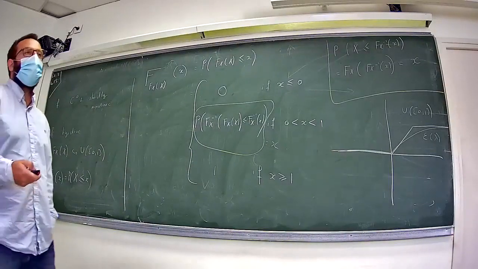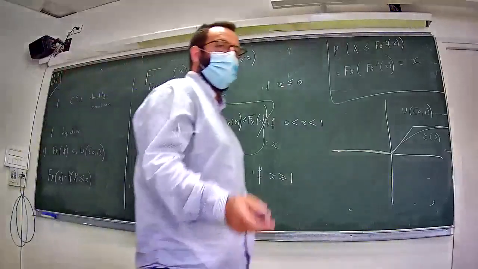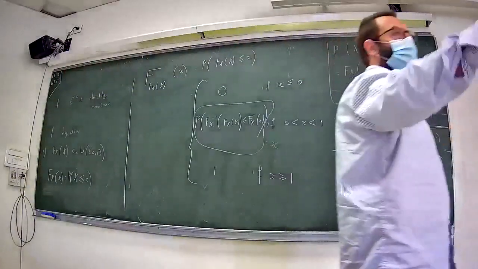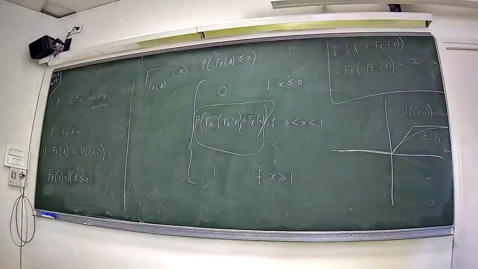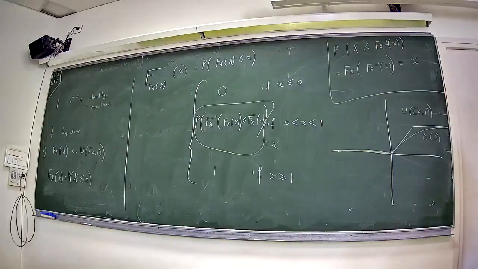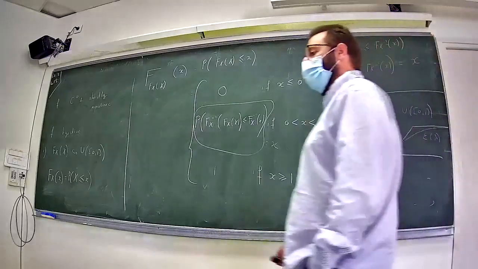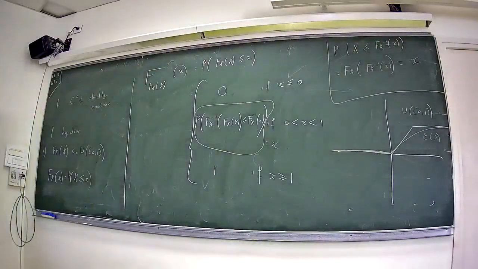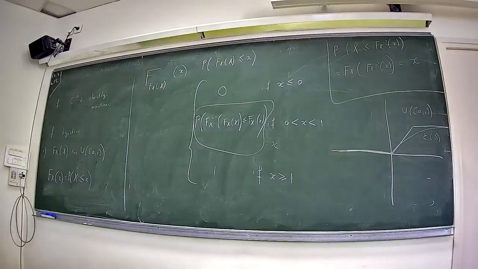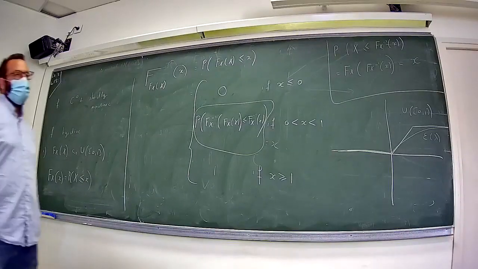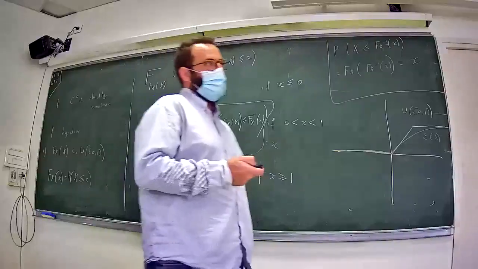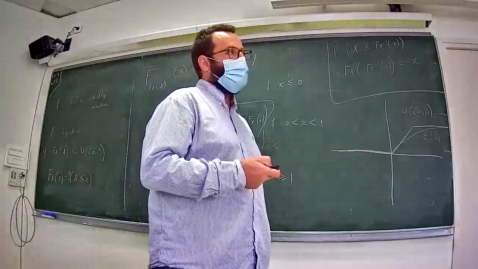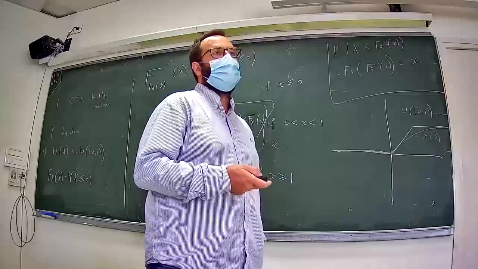And in general, to generate a uniform on the interval 0, 1, in all the computers you have here, you have a random function that allows you to do this. So just applying FX minus 1 when it is perfectly known will allow you to generate the distribution you want. And typically, even if I have said to you that the Gaussian distribution fulfills this statement, okay, but I don't know FX minus 1 explicitly.